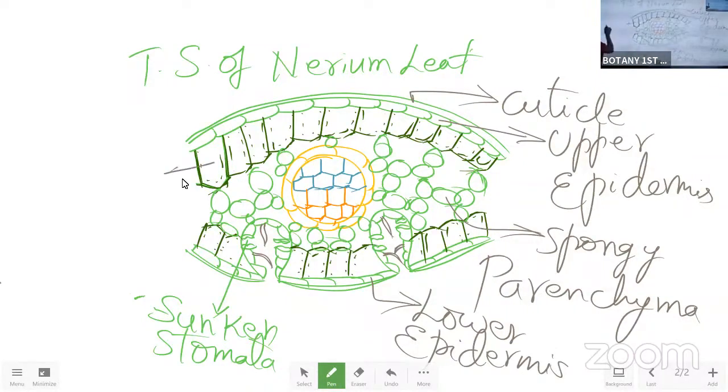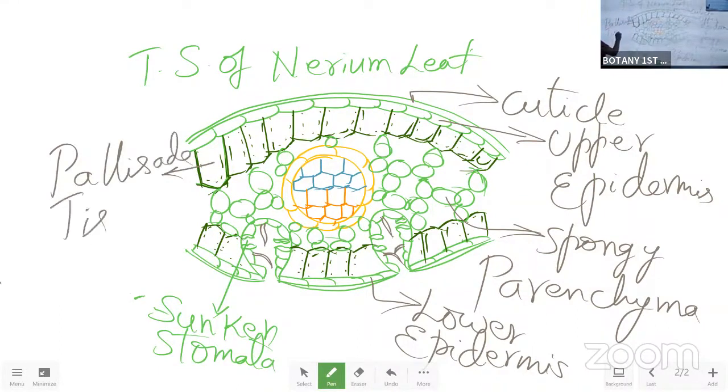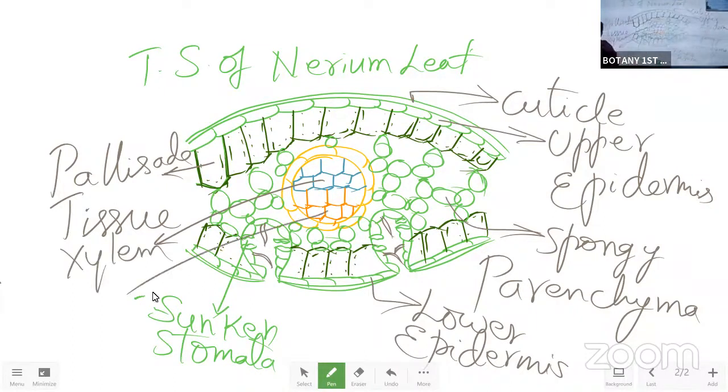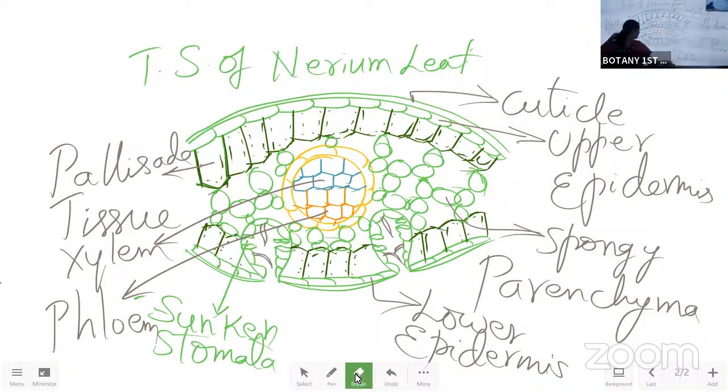And this is the palisade tissue. And this is xylem. This is phloem. Like this, we have to give simple labeling, and whatever explanation we have given, we have shown in this also. Like this we have to remember the points.